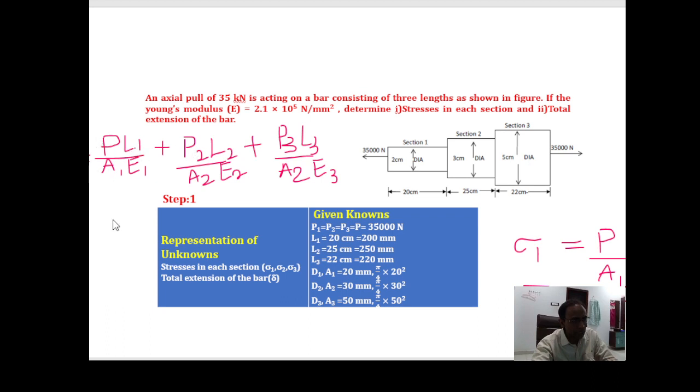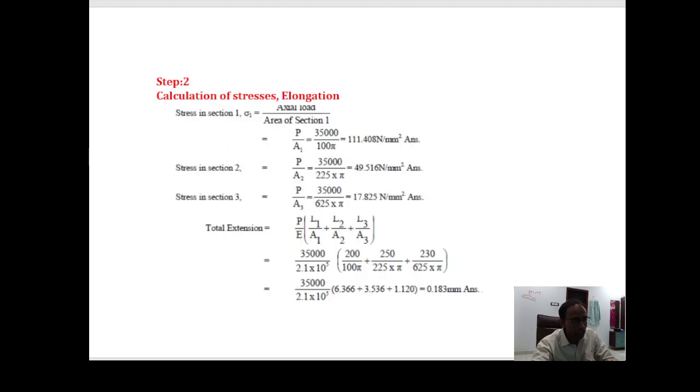So P by E can be taken common, and we can simply calculate L1 by A1 plus L2 by A2 plus L3 by A3, the summation multiplied with P by E, and we get the solution like this. So this is P by E times L1 by A1, L2 by A2 and L3 by A3. This is the final solution. That's all about this topic on axial deformations in the bar.